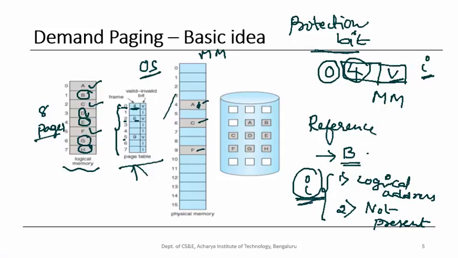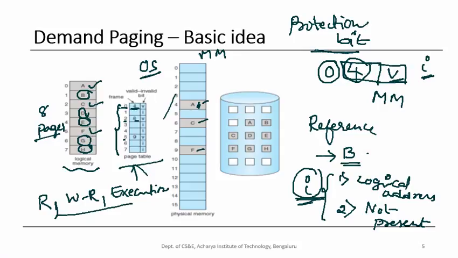So like this, you can add multiple protection bits, if the process is allowed to only read the page that it is referring to, so then you can have a bit which tells you that the page is only for the purpose of reading, or it could be read write, or you can use it for execution, so something like this.